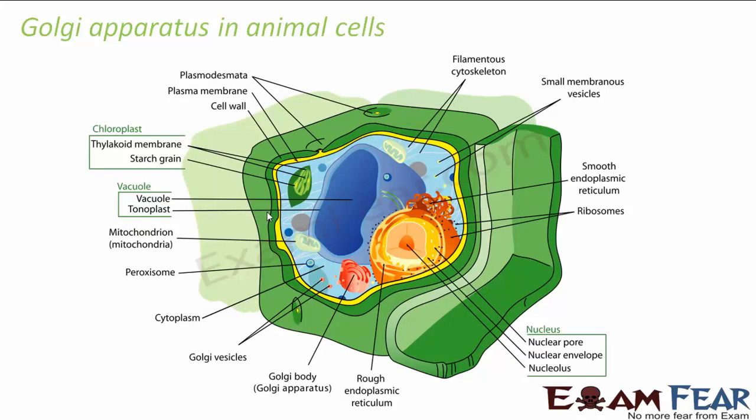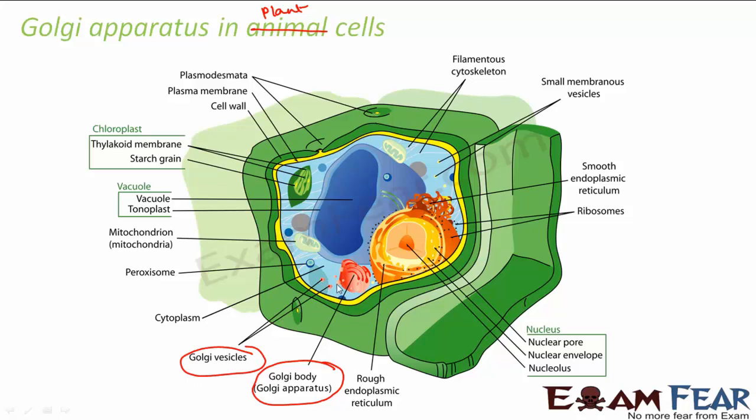Now let us look at the Golgi apparatus in plant cells. This is a typo error. It is not animal cells. It is a plant cell. So Golgi apparatus in a plant cell. Where is the Golgi apparatus here? Here, if you see, these are the Golgi apparatus, and these are the Golgi vesicles.